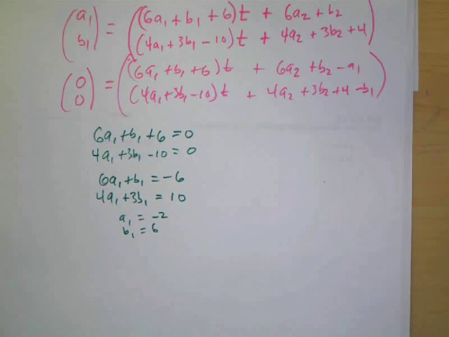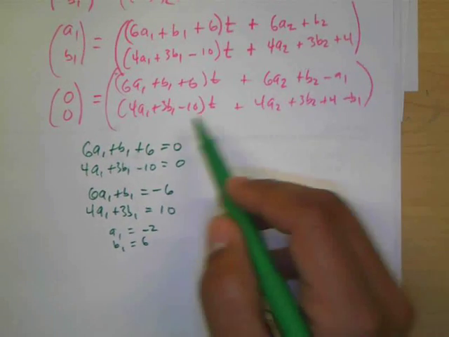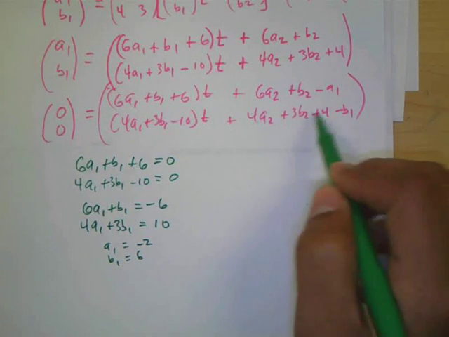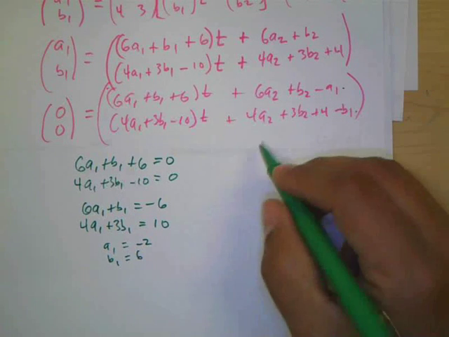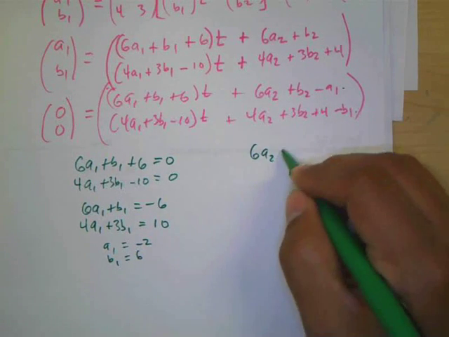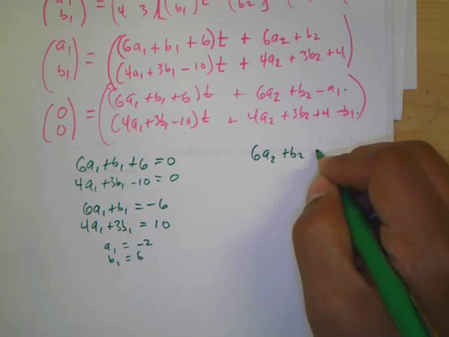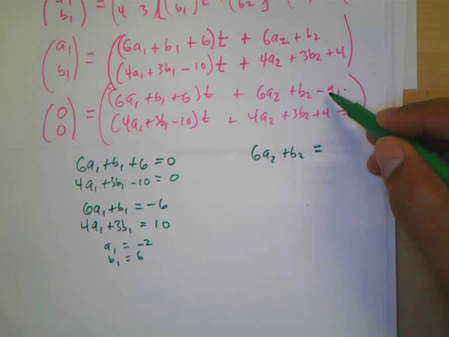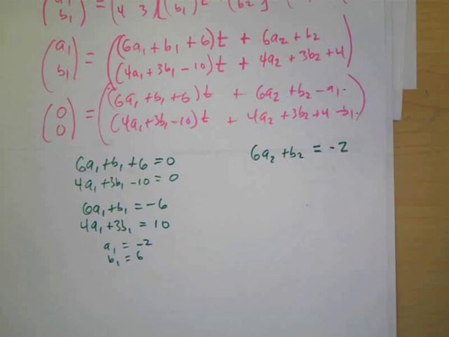Okay, halfway home. Now, the second system, which now that we have this isn't so bad, because here we have 3 variables technically in each one, but we now have a1 and b1, right? So that's going to be 6a2 plus b2, and since we know a1, I'm just going to go ahead and put that on the other side. Minus negative 2 is positive, so then that's technically negative 2 on the right.